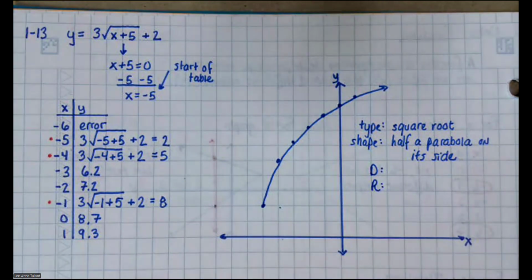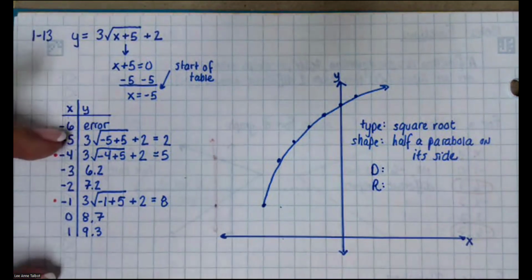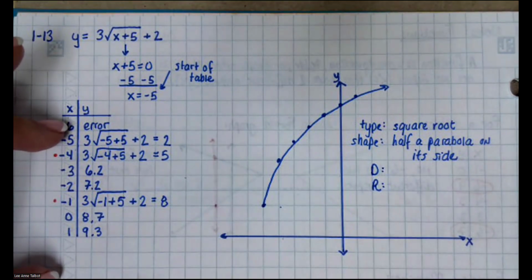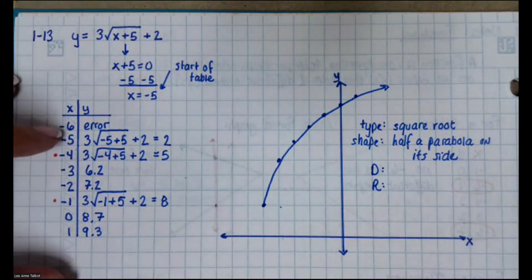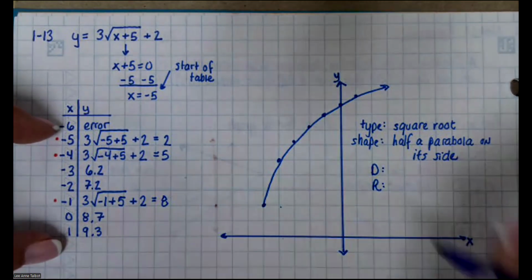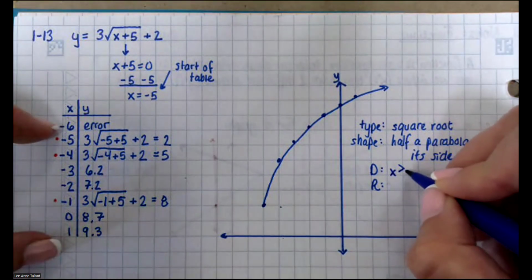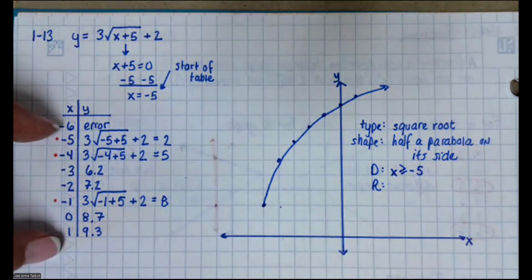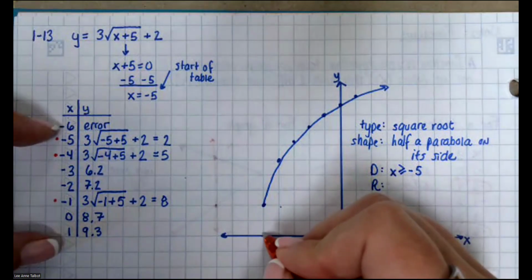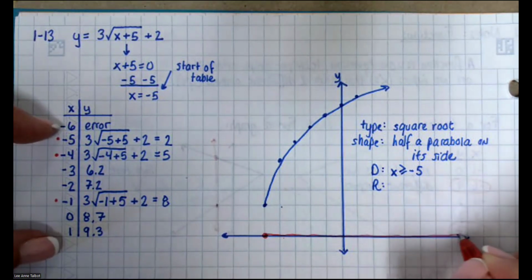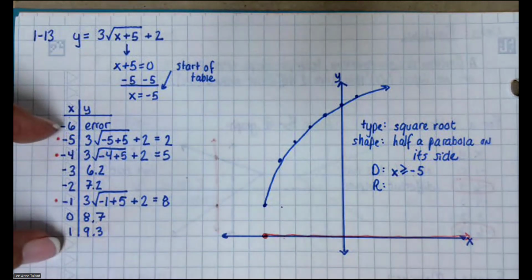Okay. The domain. This is a really great example of why domain and range matter. Where do the errors stop for the x's? -5. So x is greater than or equal to -5. And you can also do this graphically, just like we did on our domain and range worksheet.